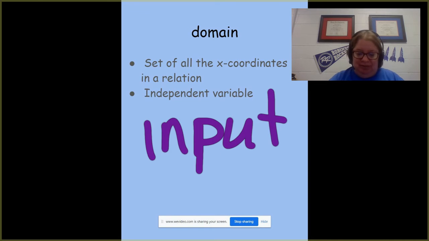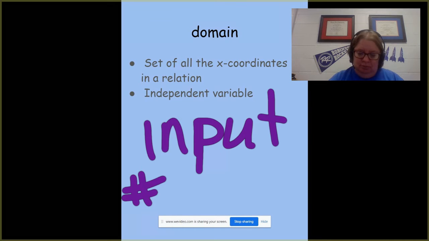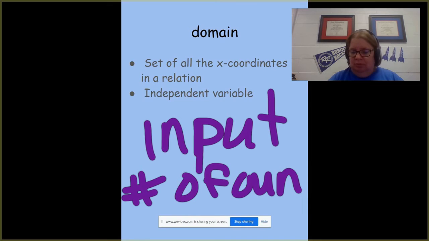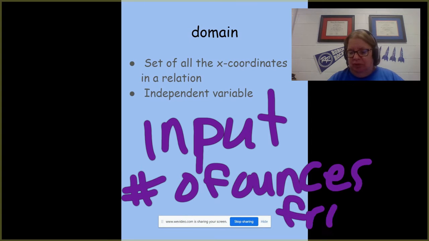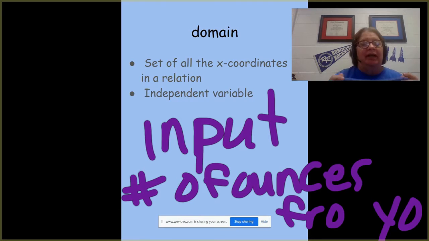You decided the number of ounces, right? Number of ounces of frozen yogurt. That's the domain. Domain is all the x values. So some of the questions you will encounter this year talk about what is a reasonable domain for this function. Okay, what is a reasonable domain?